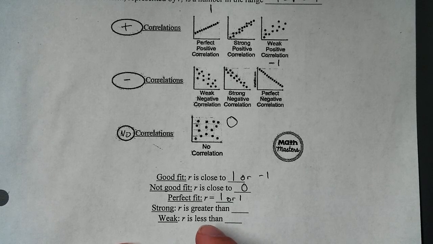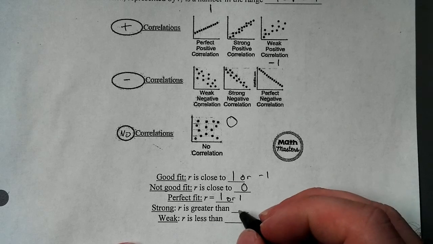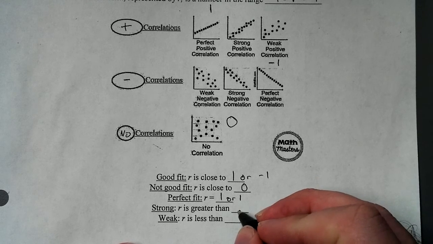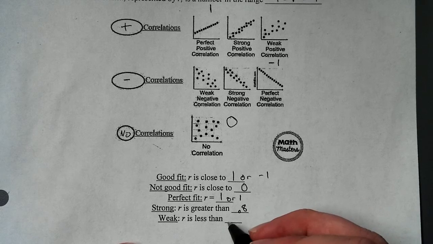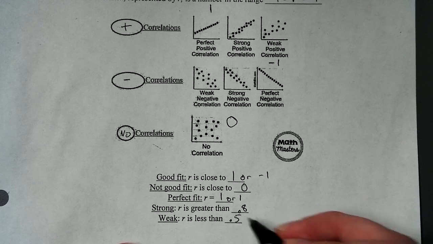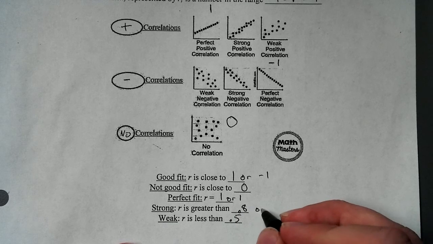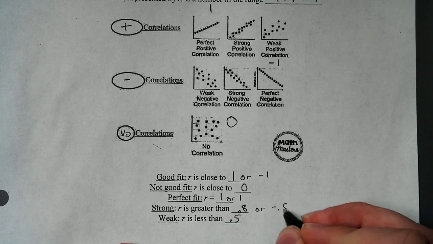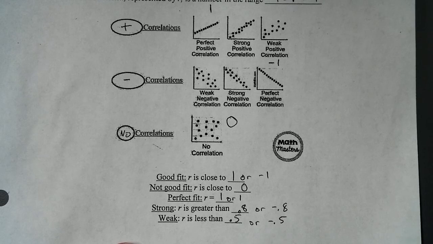A strong correlation is going to be greater than, let's say, 0.8. And a weak correlation is going to be less than 0.5. Now, this could be either positive or negative, in case they're a negative or positive correlation.